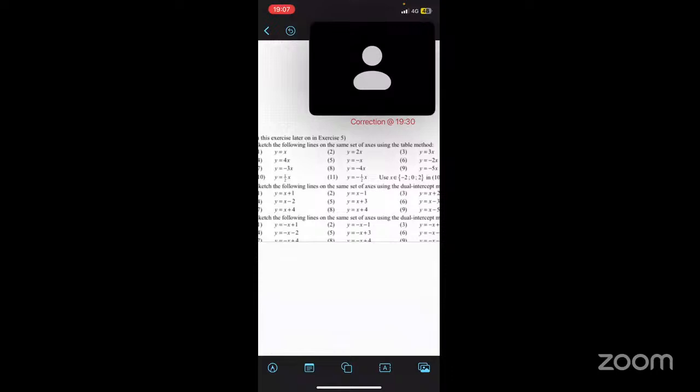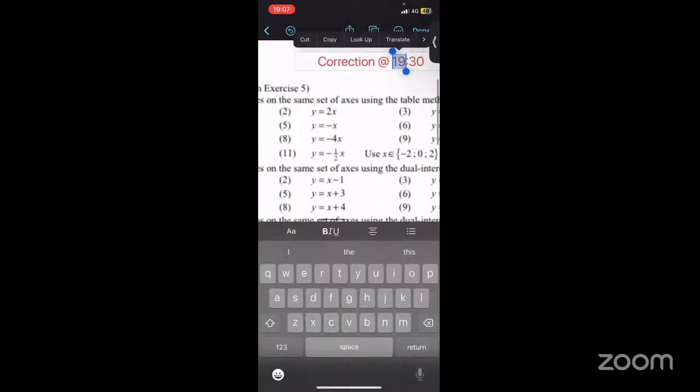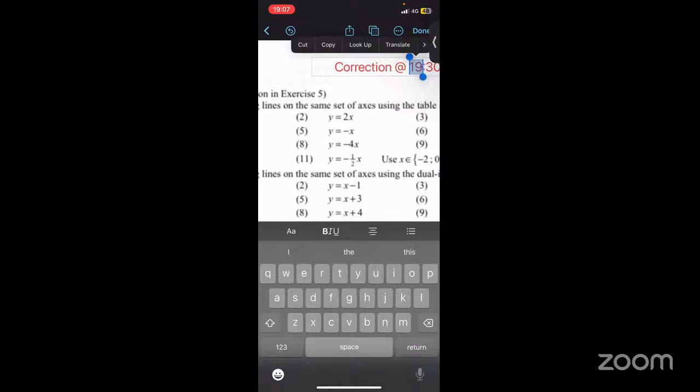Ma'am, I just wanted to ask you, all of these questions, like 1, 2, 3, 4, 5, and 6, were they all on the same graph? Wait, I don't understand you. These are corrections. I'm just gonna delete that and delete that too.